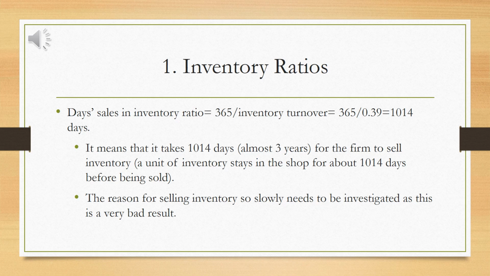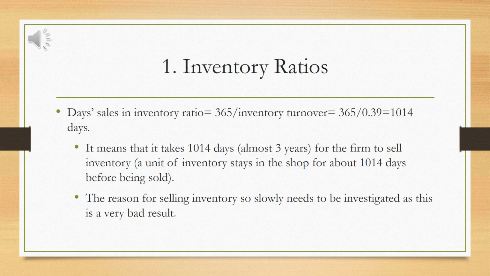Days sales in inventory ratio equals 365 over inventory turnover, which in this case is 365 over 0.39, which is 1014 days.